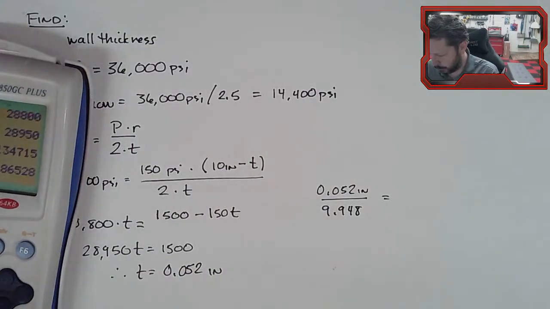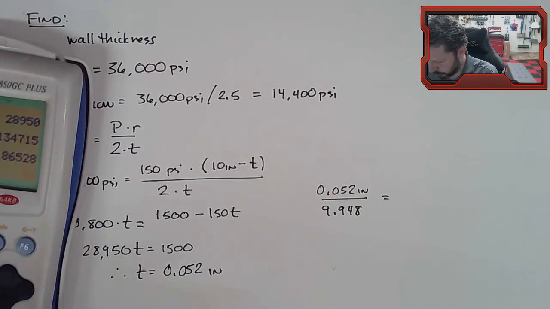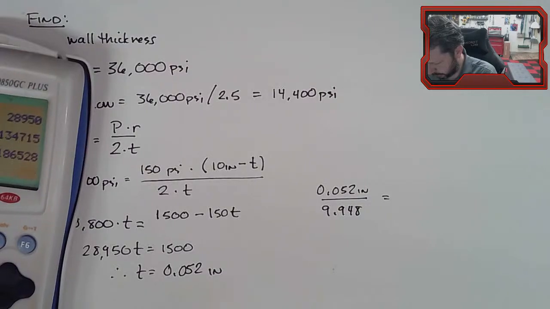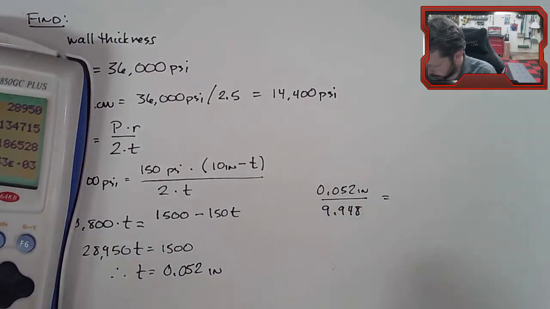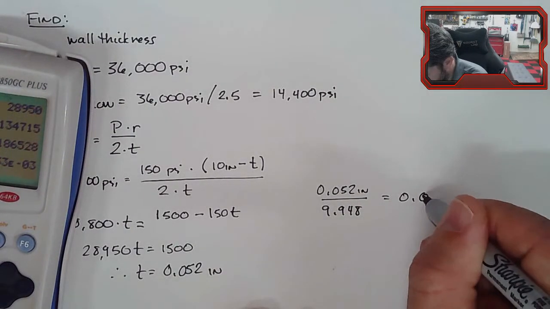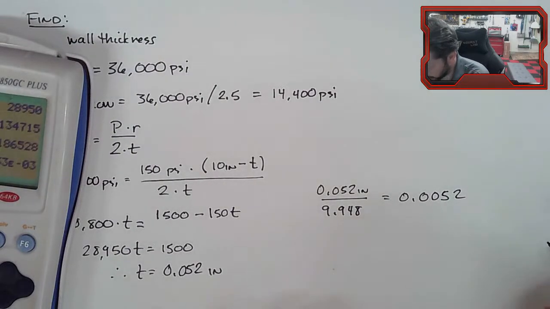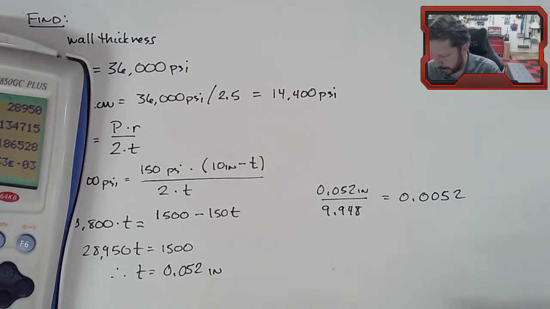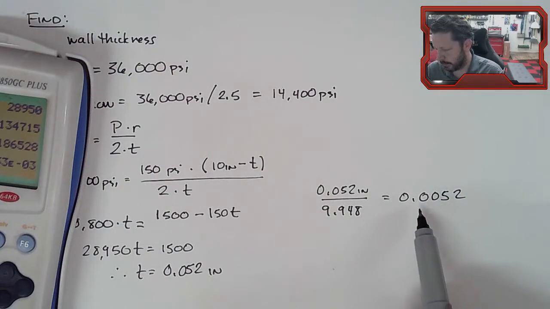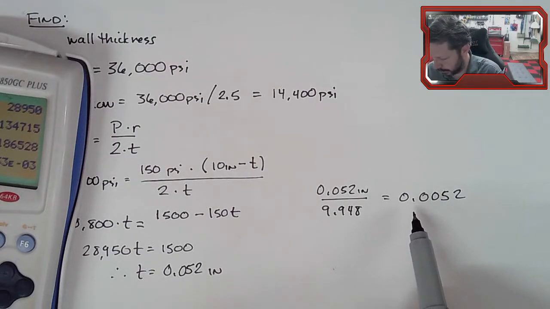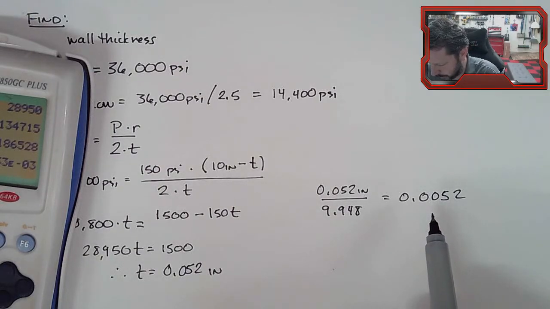That ratio, 0.052 divided by 9.948, is 0.0052. So we've got plenty of room before we have to worry about this being a thick-walled pressure vessel. We're definitely in the thin-wall pressure vessel range.